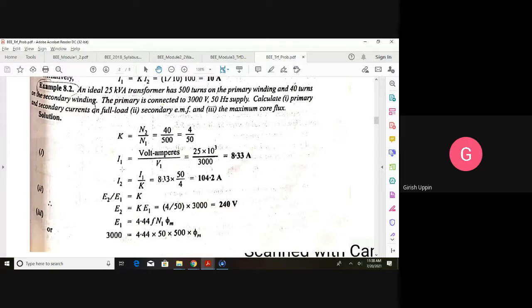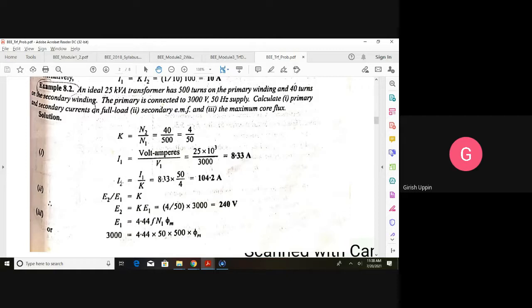For finding the primary and secondary full load current, on the primary side V1 into I1 is equal to the full load 25 kVA. Therefore I1 is equal to volt amperes VA divided by V1. VA is 25,000, and 25,000 divided by 3,000 gives 8.33 amperes.